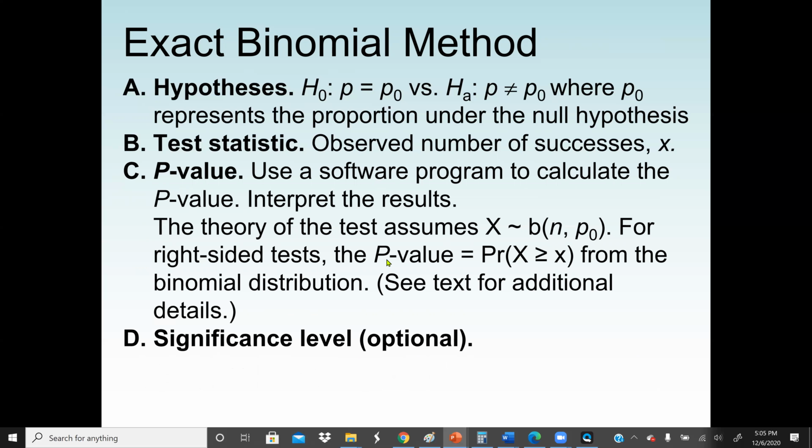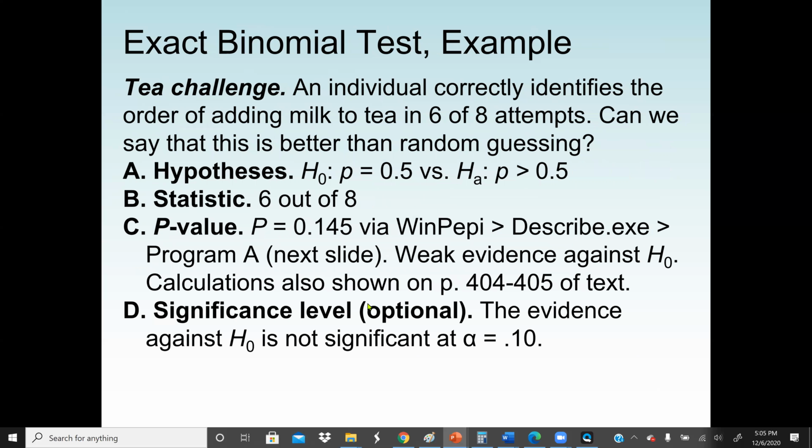When the p-value we get is less than the significance level, we reject H0. If it's greater or equal, then we accept H0. There's not much significance.